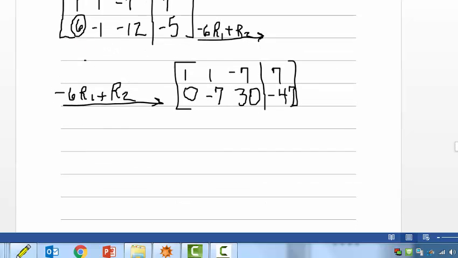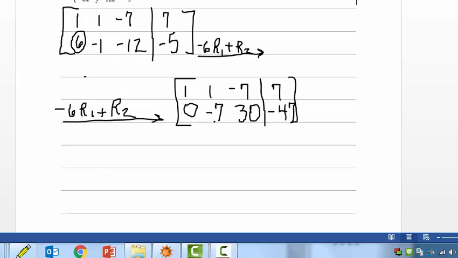Alright, so now I've got column 1 just as I want it.